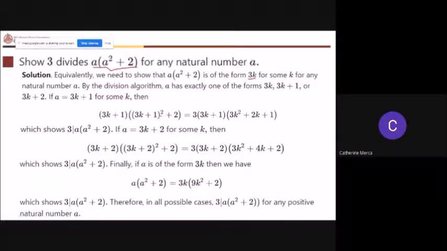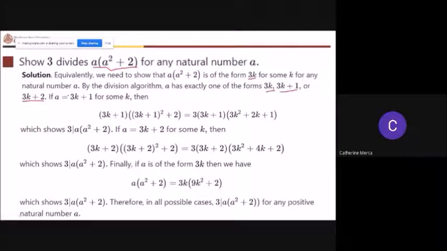So, by division algorithm, a has exactly one of the forms. Either 3k, ibig sabihin exactly divisible by 3; 3k plus 1, you have a remainder 1; or 3k plus 2, you have a remainder 2, not divisible.